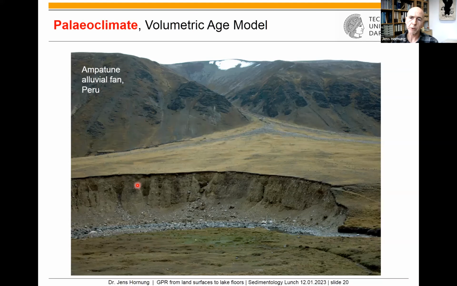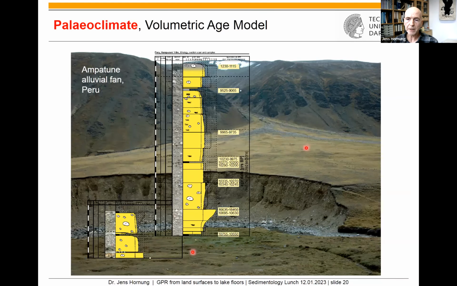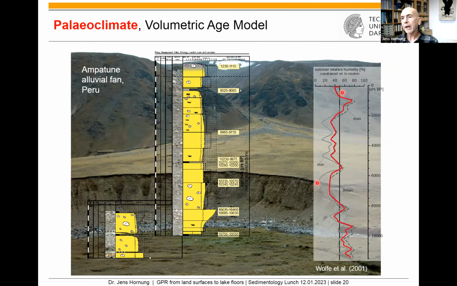So I take you to Peru now on another alluvial fan where we also had the lithofacies, we had GPR surveys, we had C14 dating, and we can have climate data. This is moisture in this time. And the moisture for today is this black line in the middle. And we have periods where it's drier than today and periods where it's more moist than today.